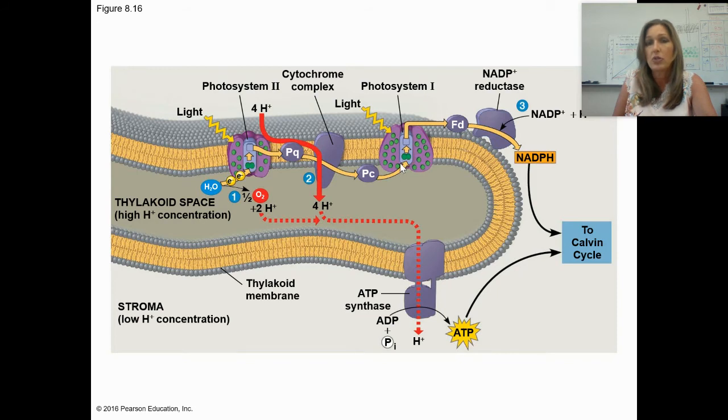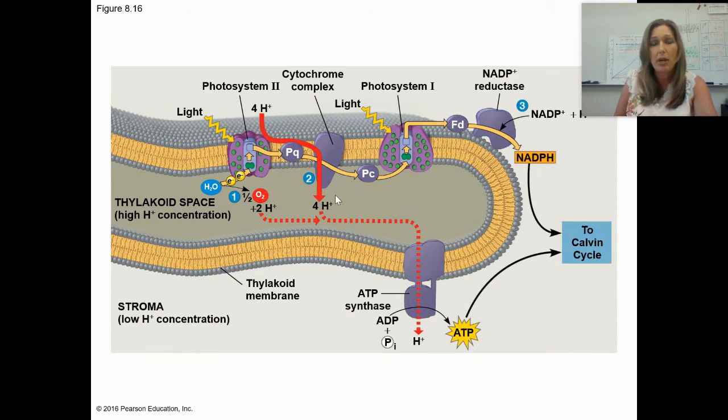So those electrons are going to get re-energized in photosystem 1. So they're now at a high enough energy state so they can get passed to NADPH. And NADPH can be carrying that high energy electron and protons off to the Calvin cycle.